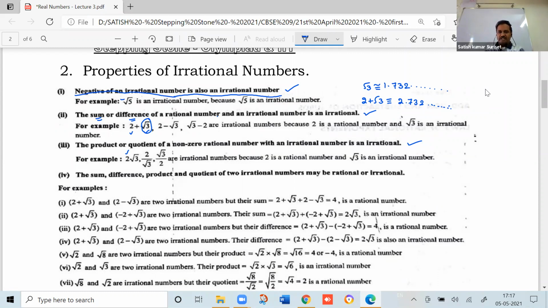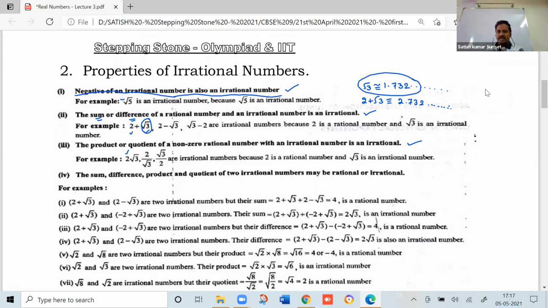If I multiply root 3 with 2, what does 2 root 3 become now? 2 times 4, 2 times 3 is 6, 2 times 7 is 14, 2 times 1 is 2. That is 3.464 and so on. So here also after the decimal, the digits neither stop nor repeat. So that's why this is also an irrational number.